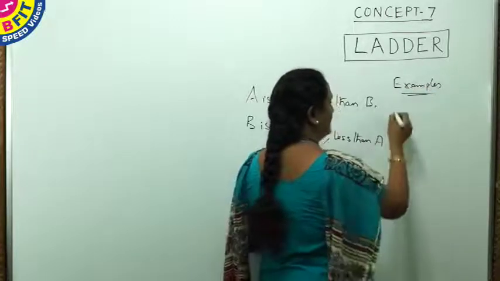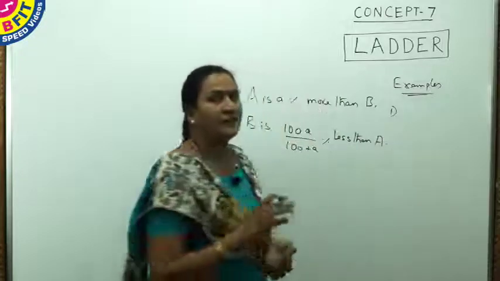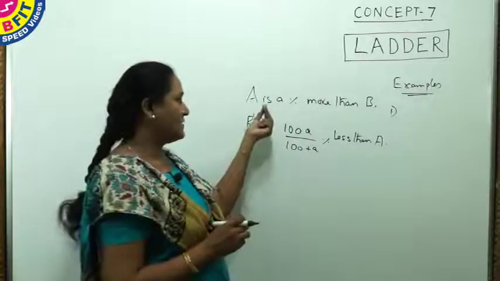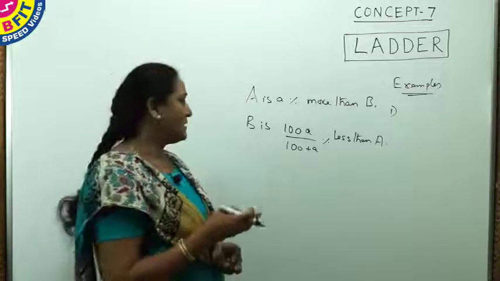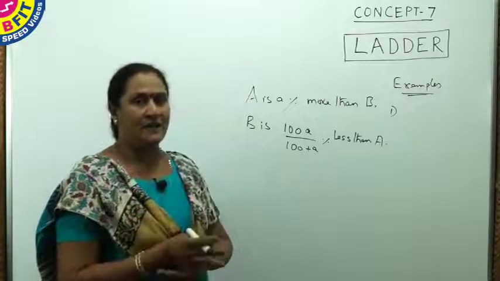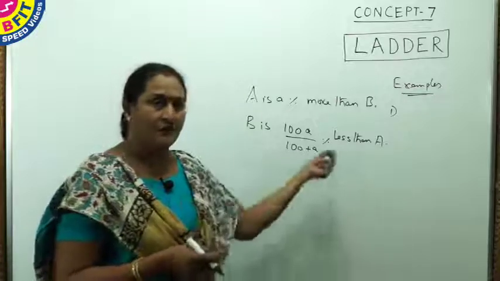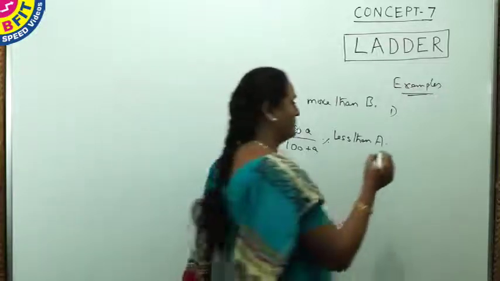So examples. First, whenever comparison is asked, suppose A's salary is 20% more than B's salary, by what percent is B's salary less than A's salary? For comparison, we can use this factor.